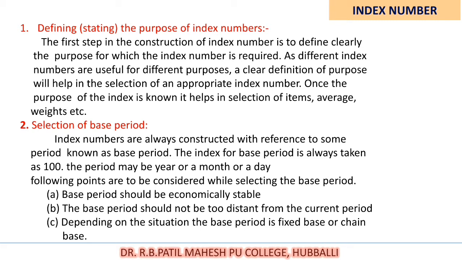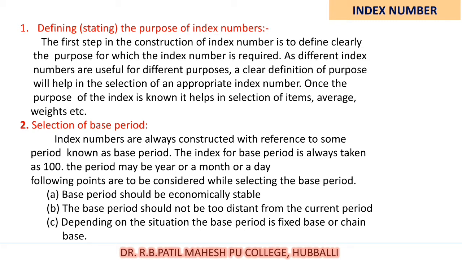The second point is that the base period should not be too distant from the current period. If 2020 is the current period, and for comparison we choose 2008, then 2008 is too far from the current period.